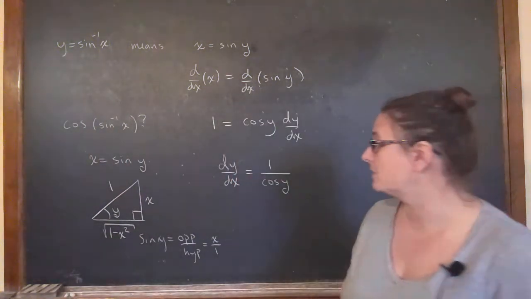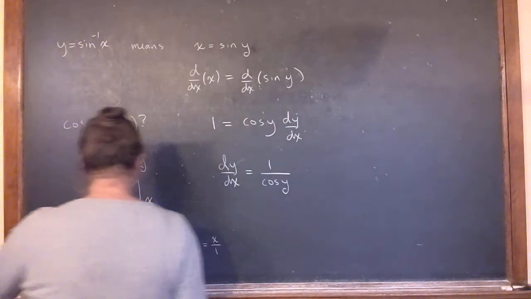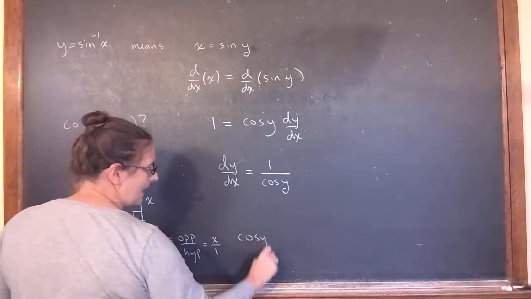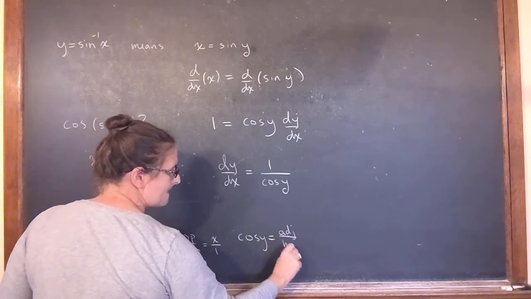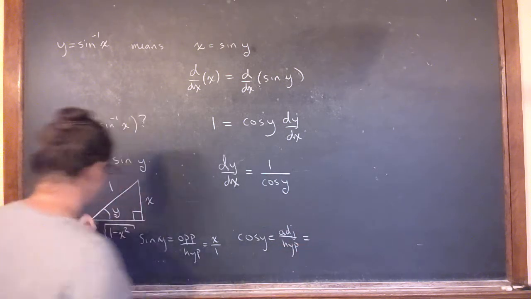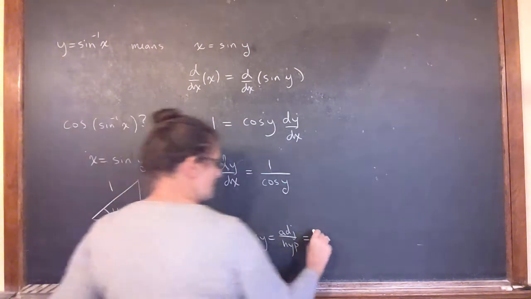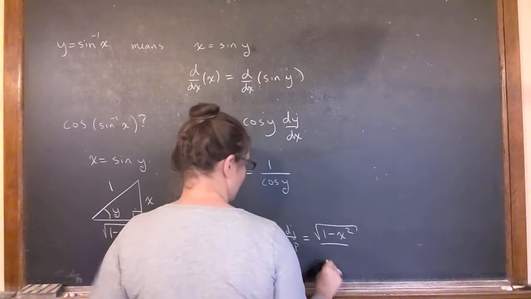So that's our triangle. Since y is the angle, we know that cosine of y is adjacent over hypotenuse. So adjacent is the square root of 1 minus x squared, and hypotenuse is 1.